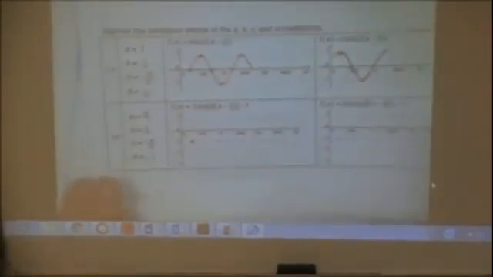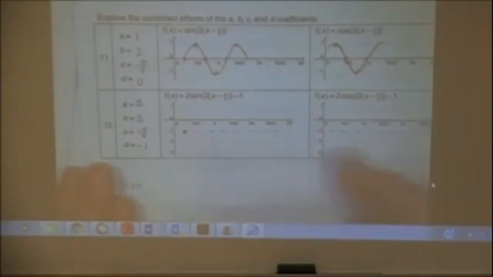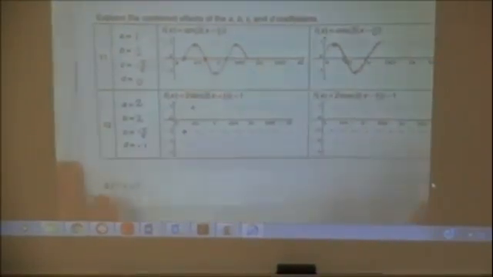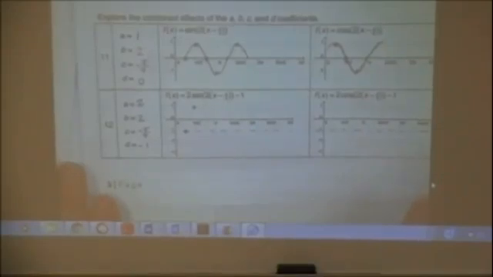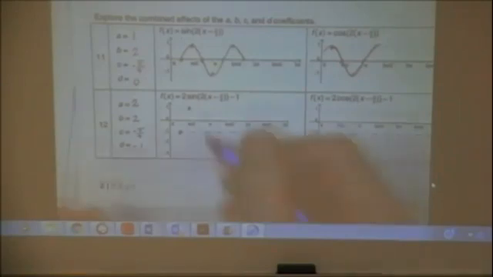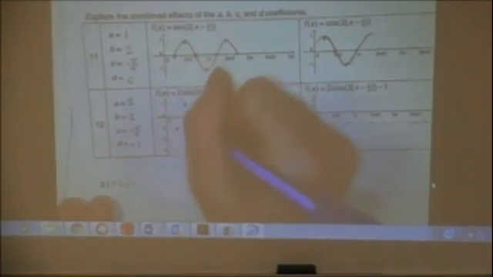So I should be at half pi. So when I go up 2 for my line, I'm going to be at half pi, so that would put me right here. So now that I know what my compression has done, every critical point is a fourth apart. So I know where my next one's going to go. It's going to go from here back to here, and then down, from the central line down 2.